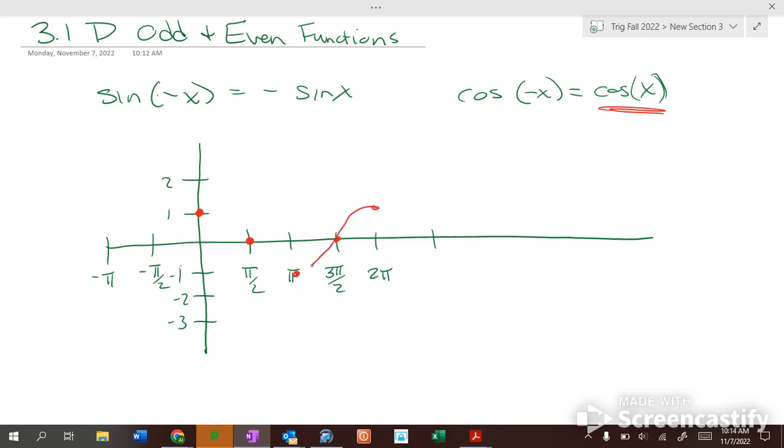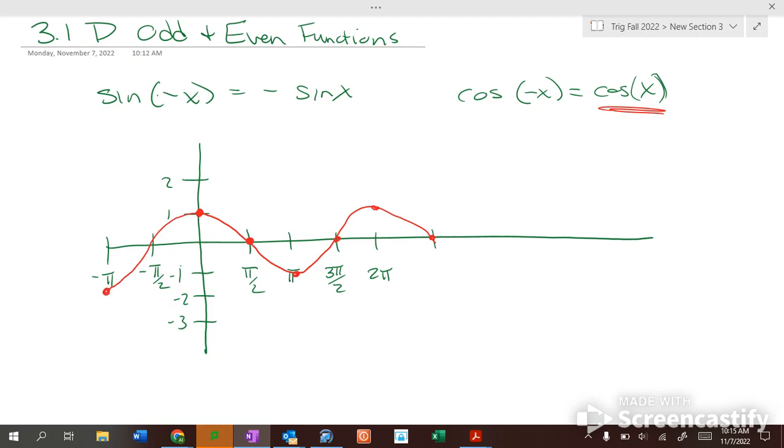It looked like this. Remember that from chapter 2. Just a little jog of the memory banks. What did I say about these graphs? They keep going in the same pattern, right? So this would continue down to here and keep going this way. This one would continue down here and keep going like this.